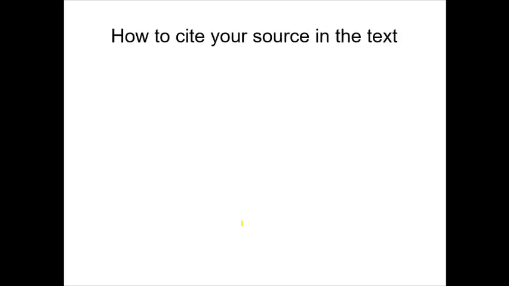Now, how to cite your source in the text, I'm going to try to make this as simple as possible because the bulk of your writing is going to be paraphrasing from the articles that you read. So there's two basic ways to cite your source in the text, and they're both pretty much the same.